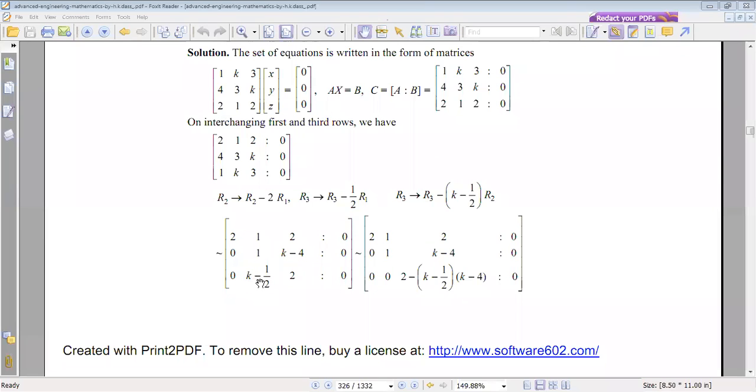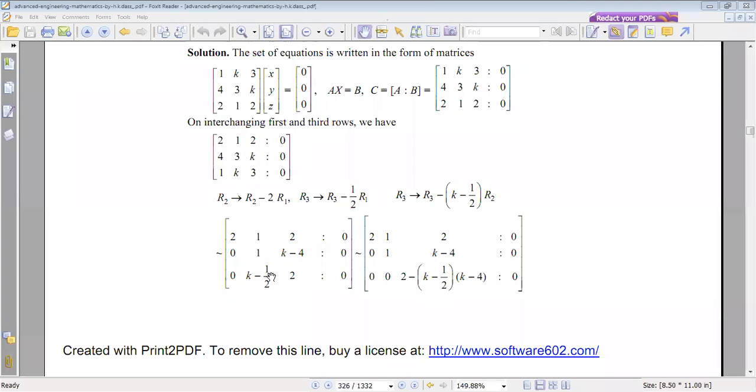It is very important. See here, because at first we have to make it into the triangular form or echelon form. So to make this matrix into the triangular form or echelon form, this element must be equal to 0. Okay, so this k minus half must be equal to 0.